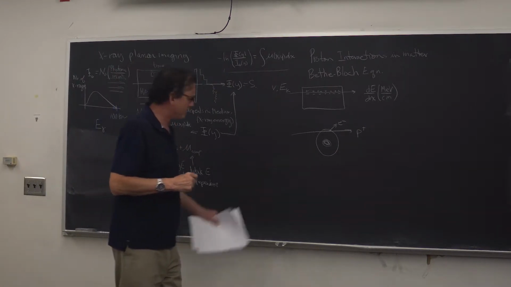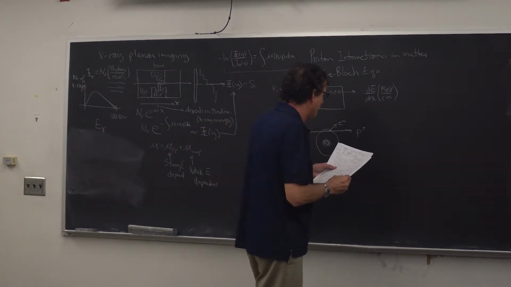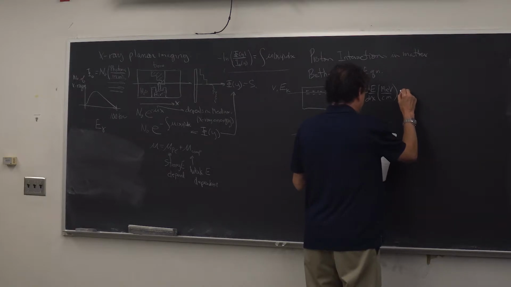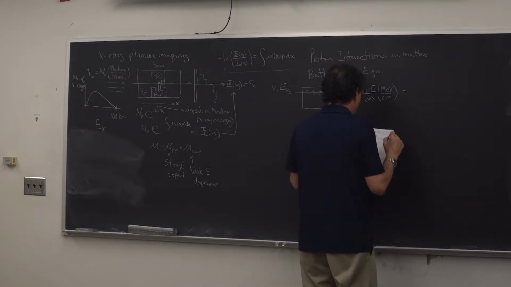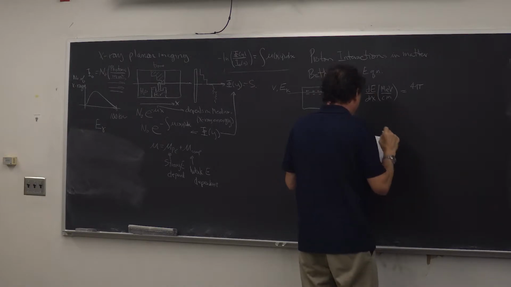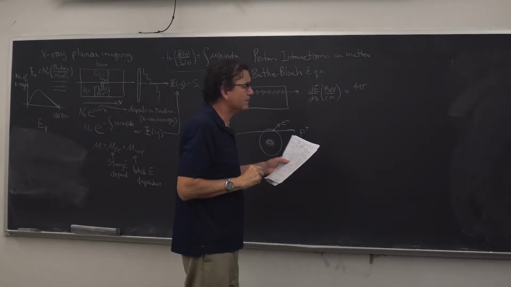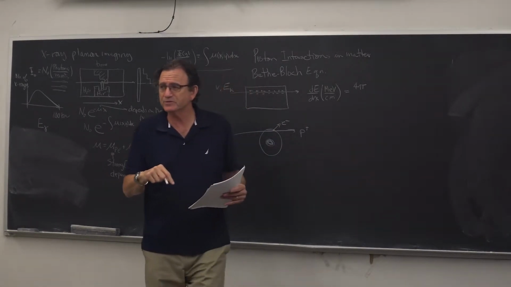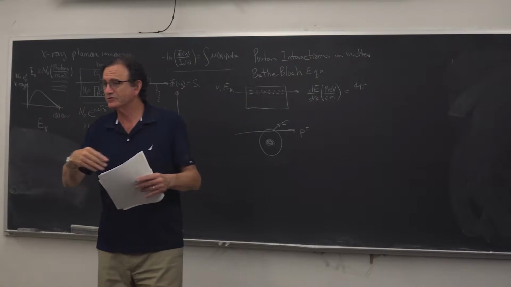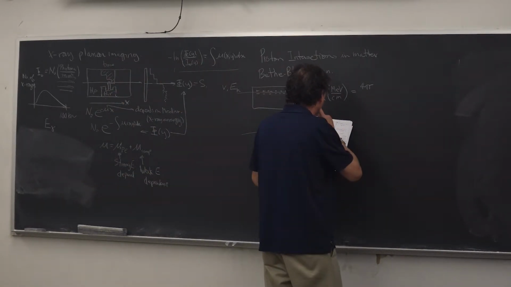Now, okay. So the Bethe-Bloch equation, what does it tell us? Well, first of all, it does depend on a number of constants. So I'll write out the most explicit form I can for right now. Based on the derivation by Bethe and Bloch, which I also have, which I'll make printouts for you later, that was done by Enrico Fermi in lectures at the University of Chicago, which are also very informative.